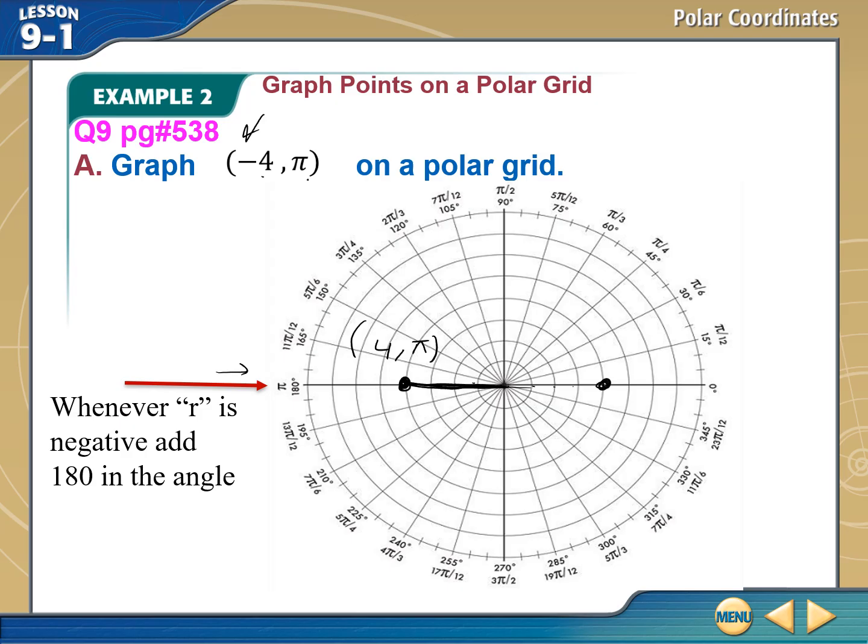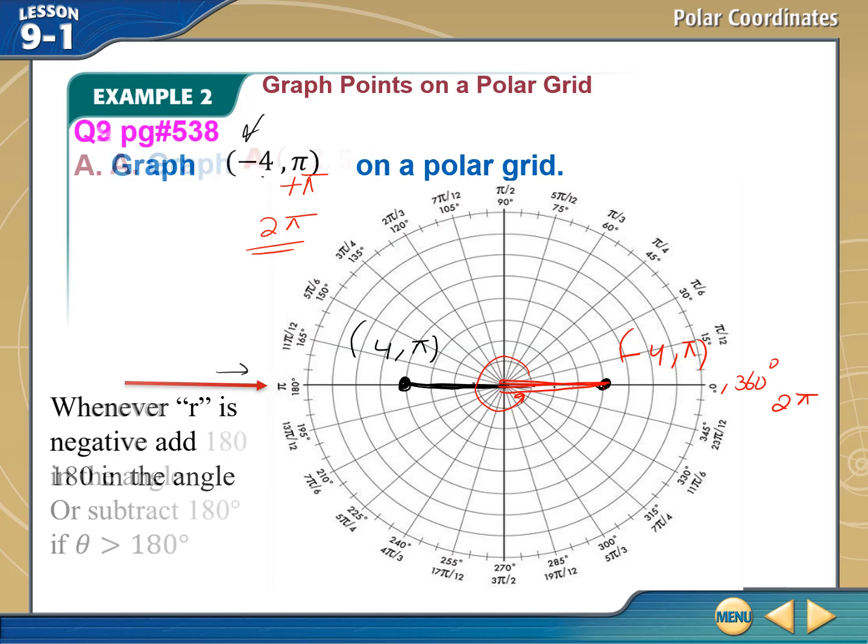And this is the point you required. This red line shows this point. This is your negative 4 and pi, your desired answer. Now, if you add pi to this one, you will get 2 pi. When you come back after a whole circle, you get 360 degrees, which means 2 pi. So this is how we draw the graph when our r is negative.